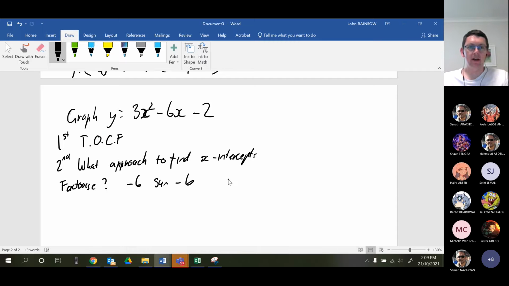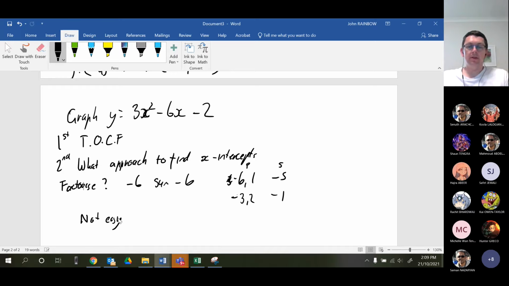For example, I could have 6 and -1, but the sum would be 5. Then I could have -3 and 2, but the sum of that would be -1. So I can't factorize.